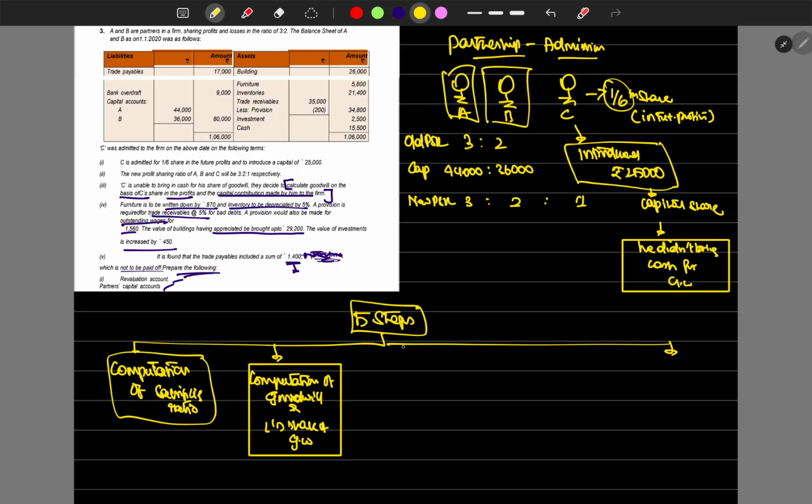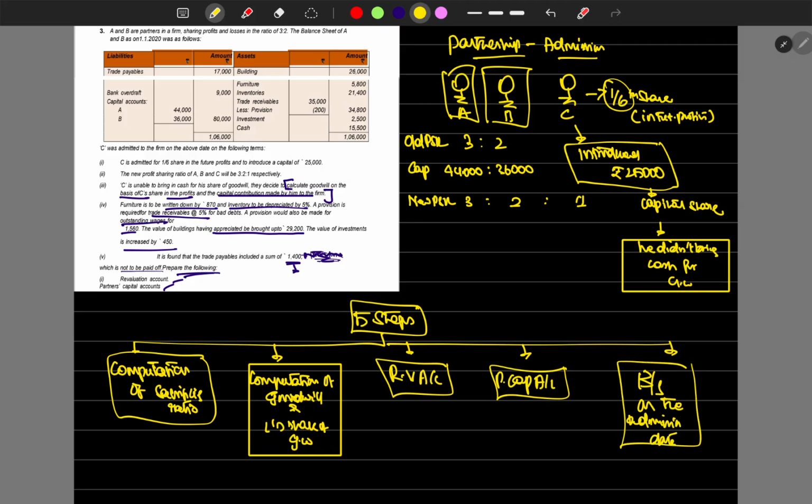And then what else? We have to prepare the revaluation account, partners' capital account, and then the balance sheet at the admission date.